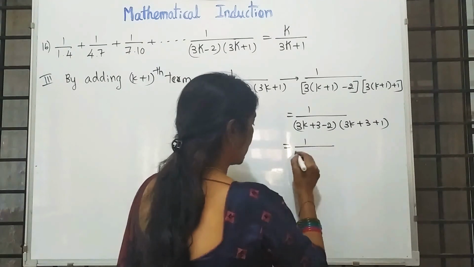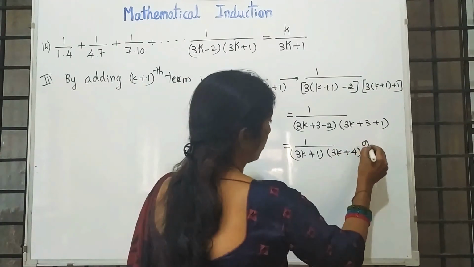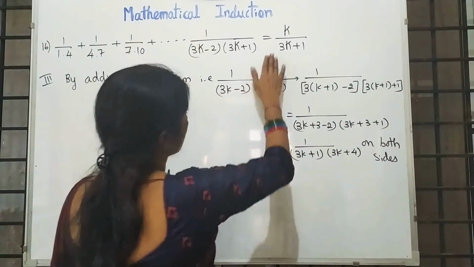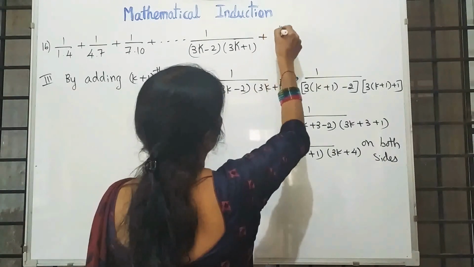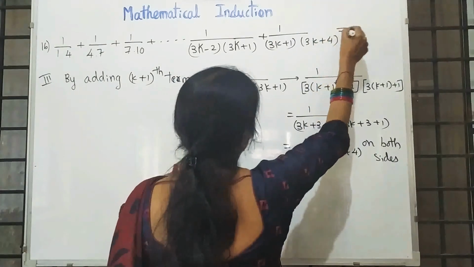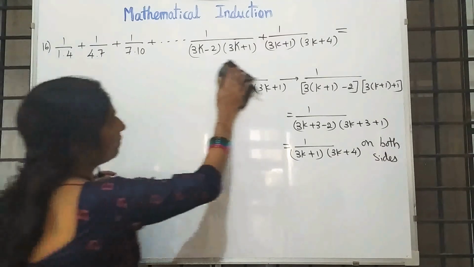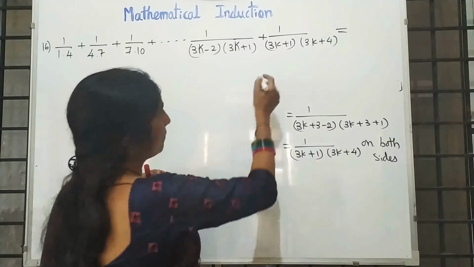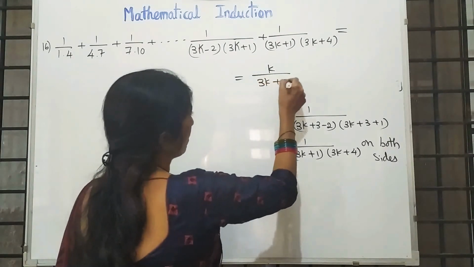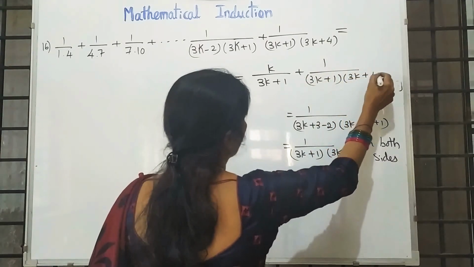That means what we are adding? We are adding 1/((3k+1)(3k+4)) on both the sides. So k/(3k+1) + 1/((3k+1)(3k+4)).